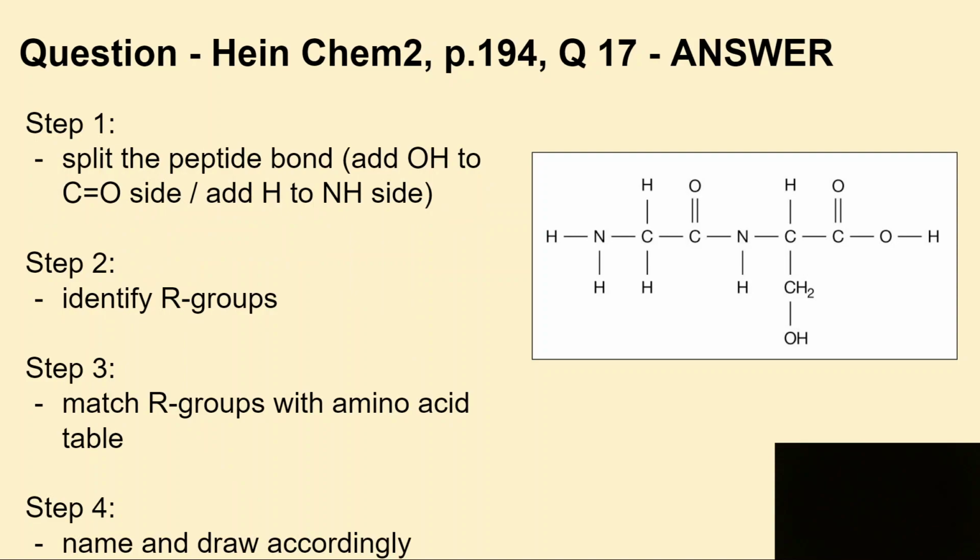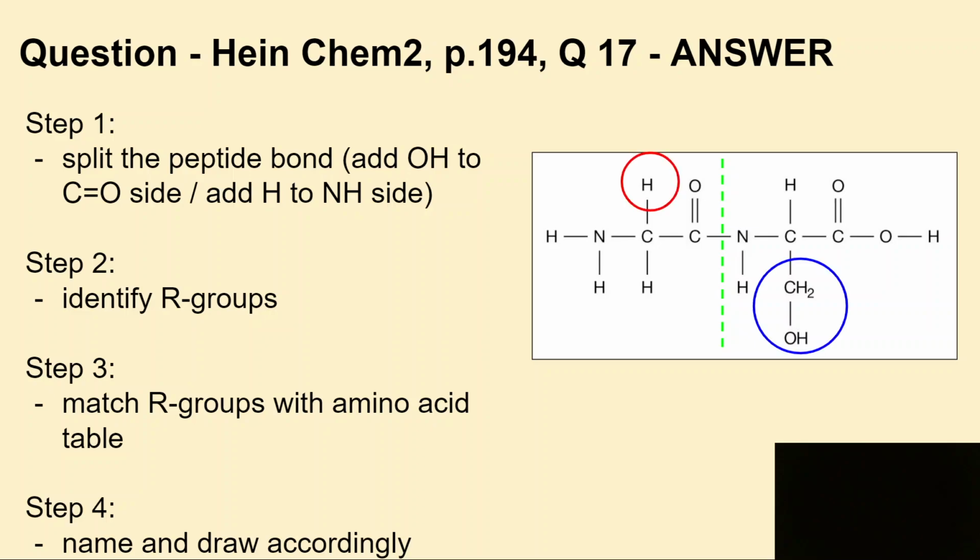So how we answer it, step one, find the amide functional group. I'm going to split that in the middle. We're going to add an OH to one side and an H to the NH side. We identify the R groups, we've done that.